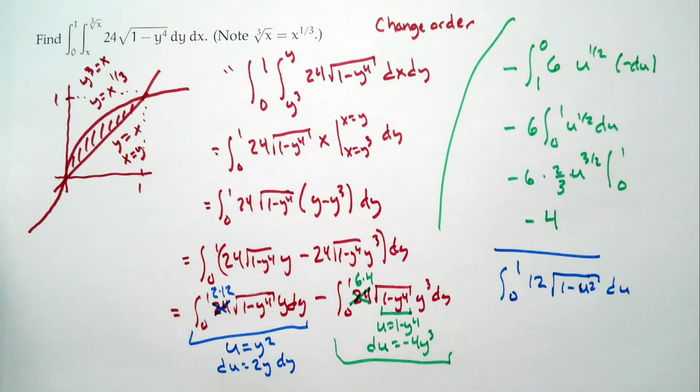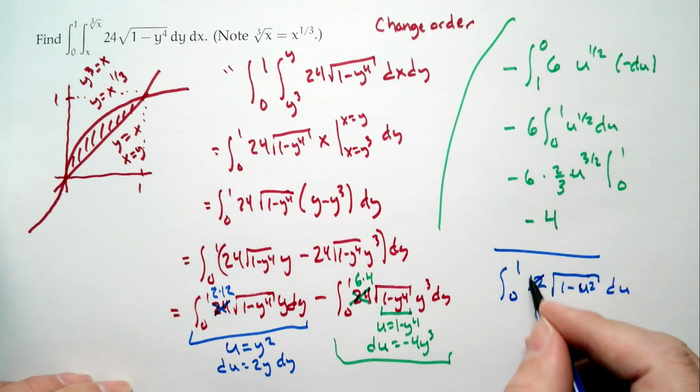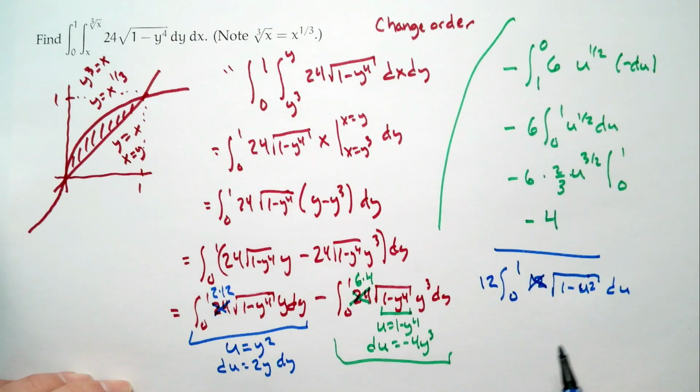And here we say, all right, pull out the 12. And what do we see? Well, we see an integral that looks like a Calc 2 integral, unless we remember our Calc 1 ideas. That's a circle. In particular, we can say that this integral, I can think of it as asking for the area of that part of the circle, 1/4 of the unit circle.